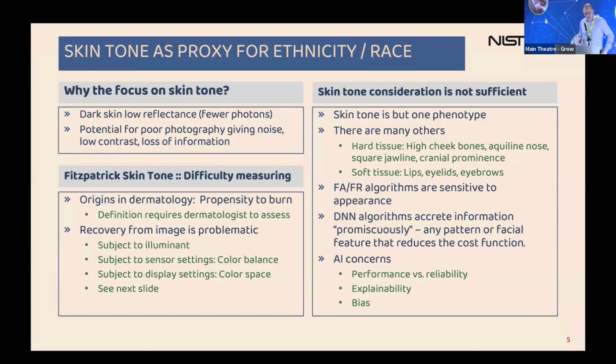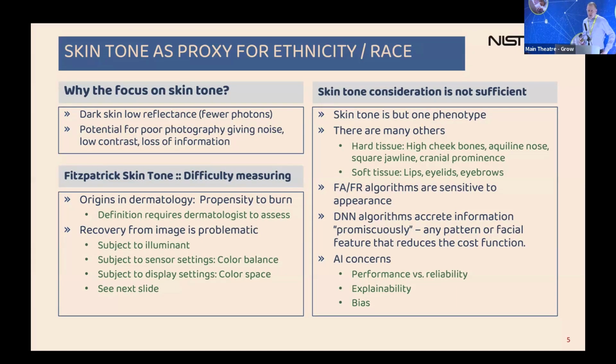Genetics play a big role, and they govern things like prominence of cheekbones, thickness of lips, thickness of eyebrows, width of face, high cheekbones, square jawlines, affecting both hard tissue and soft tissue. You could hypothesize that any algorithm that looks at a face might be sensitive to those things. This is true in face recognition, and so it may be true in age estimation.